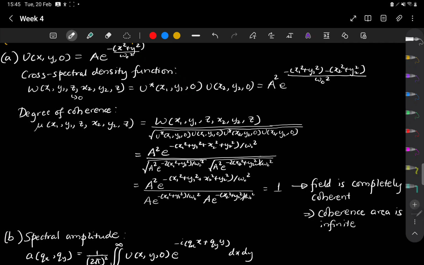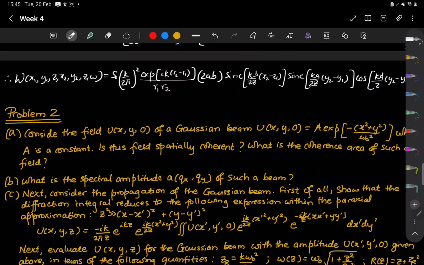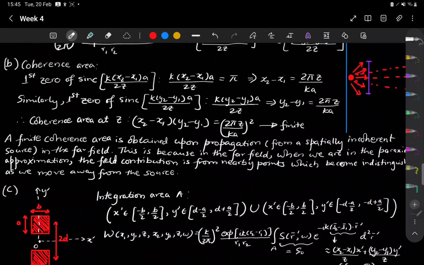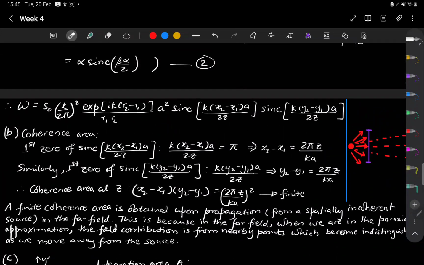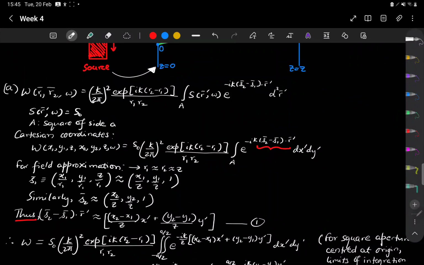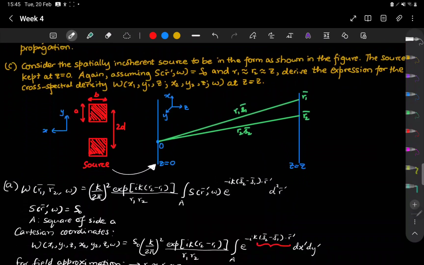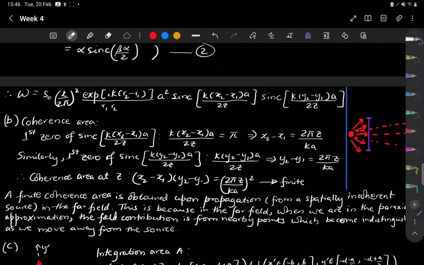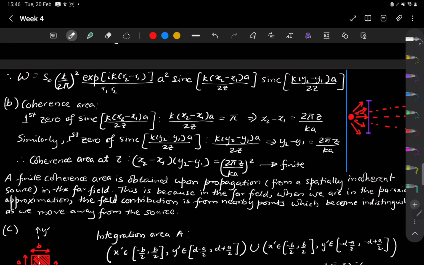So that is why if mu is equal to 1, then the coherence area is infinite. So in this example, where we started with a completely incoherent source, we saw that the coherence area became finite after propagation.